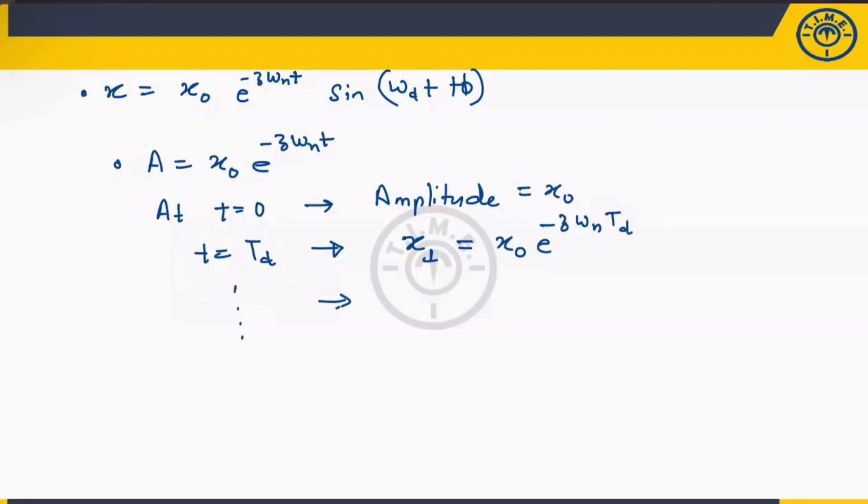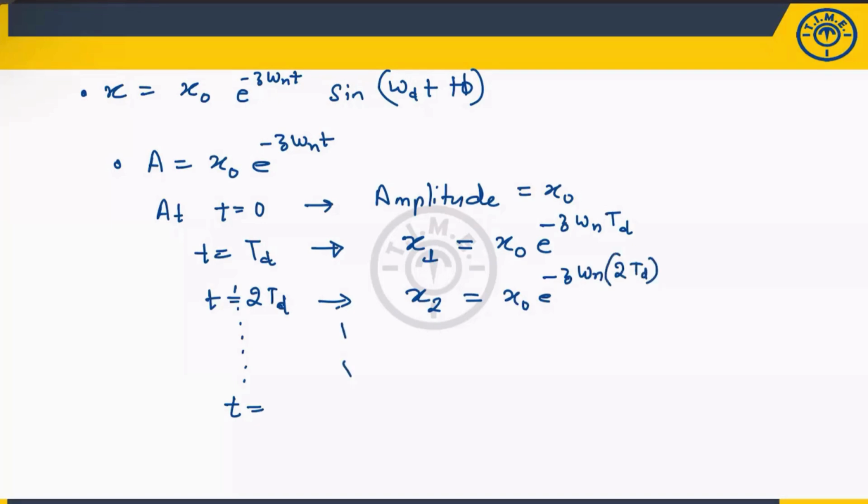Similarly, let me take one more case so that it will be easy to understand. At t equal to 2 td, what is this? x2 is equal to x naught e to the power of minus zeta omega n 2 td.